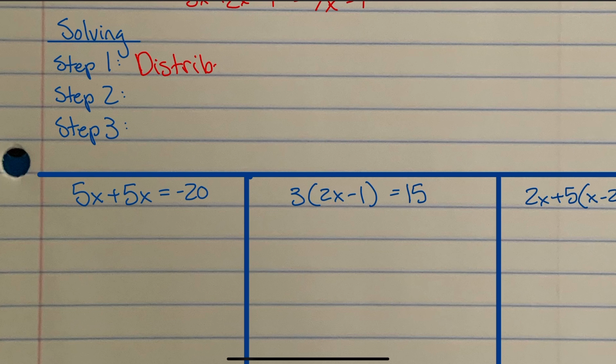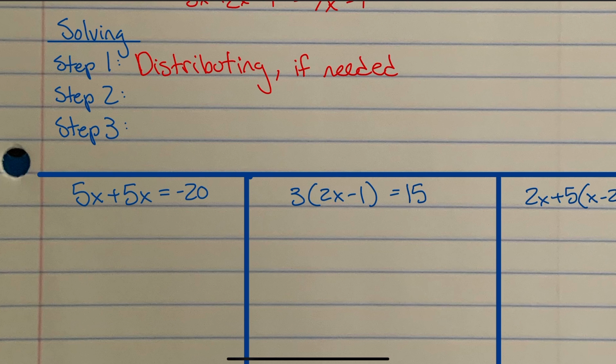Now, distributing is a concept that came up in 6th and 7th grade math and 8th grade math. And that is when you have to distribute a number that's on the outside of your parentheses to what's inside of the parentheses. And you'll see what I mean when we get to the examples. And I'm going to put a comma here and say if needed, because not every problem is going to have parentheses in it.